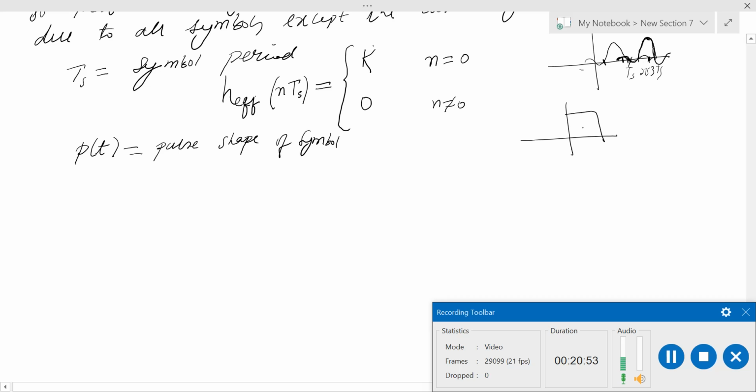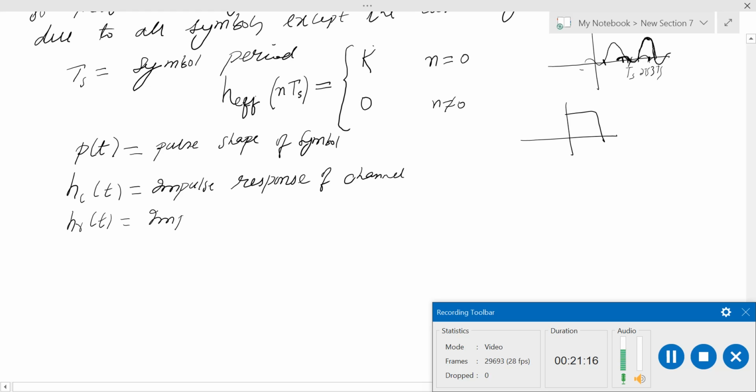Okay, and hc of t, let this be the impulse response of the channel, and hr of t be the impulse response of the receiver.